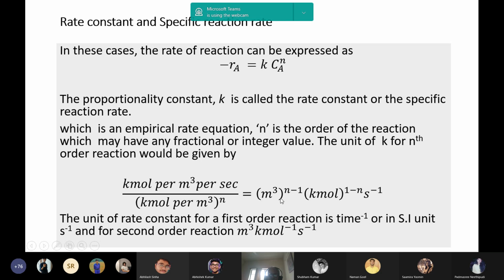For second order reaction, concentration inverse per second, and for nth order reaction, concentration to the power minus (n minus 1) per second. So the unit of rate constant for first order is time inverse, and for second order, concentration inverse, time inverse. You have to remember this always: concentration inverse and time inverse is the second order rate constant unit.